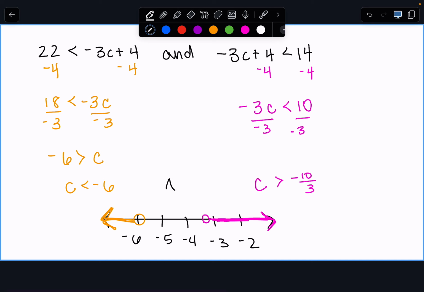This is an and statement, right? Where do we have numbers that satisfy both? Well, that's a bummer.